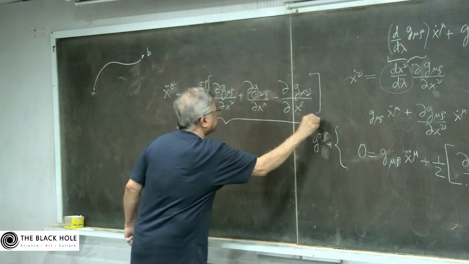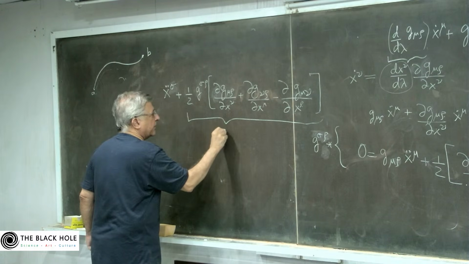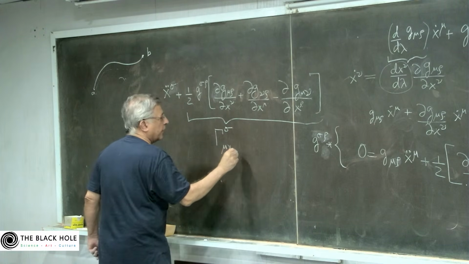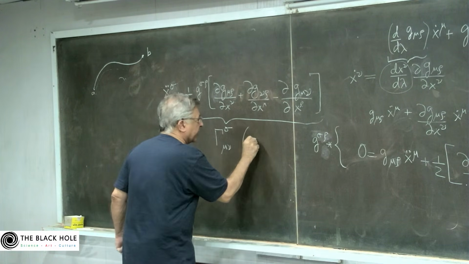This thing is given the symbol gamma sigma mu. It's called the Christoffel symbol.